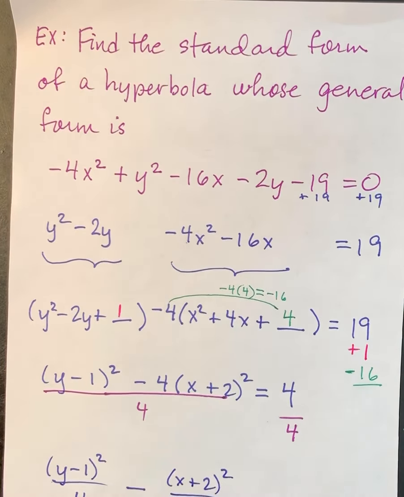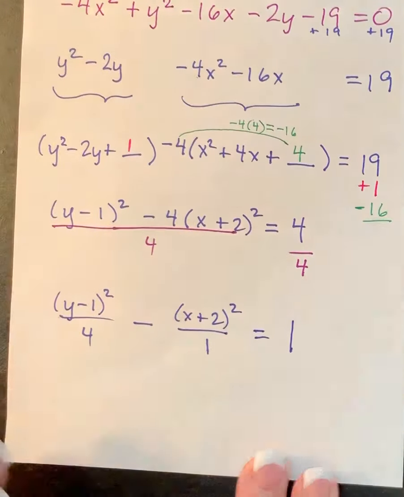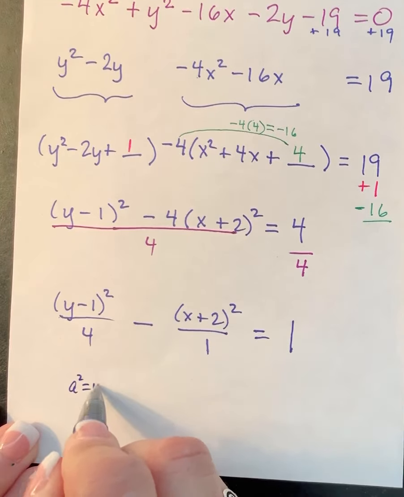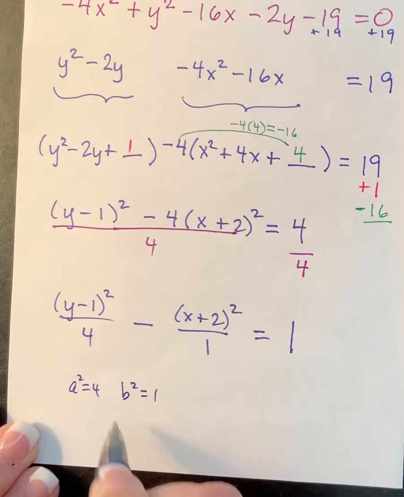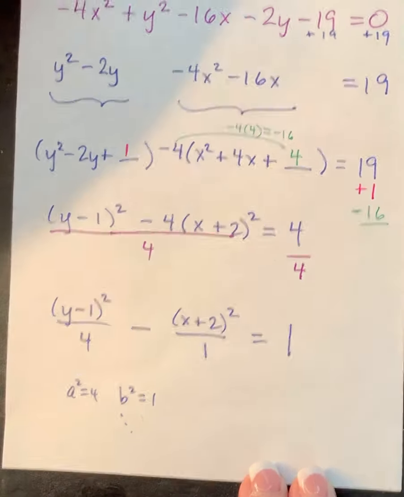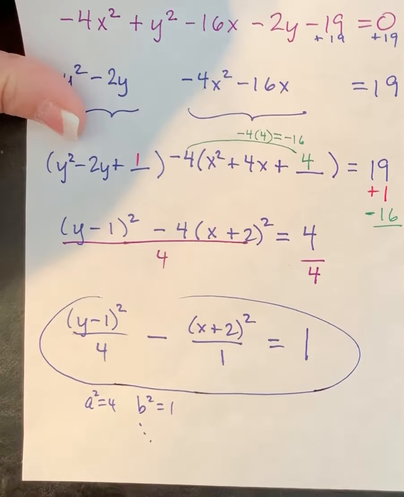I'll put it over 1 because it would make it easier to graph if I was going to graph it. Then you could see that a squared is 4 and b squared is 1, and then you could do whatever else you needed to do. This particular problem said find the standard form. So here's the standard form.